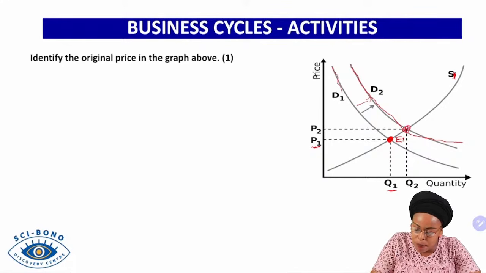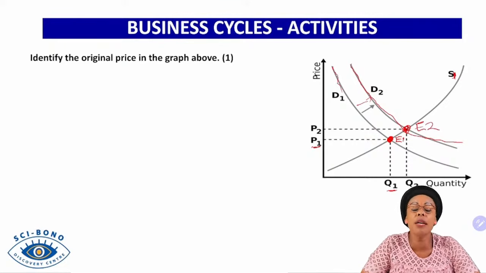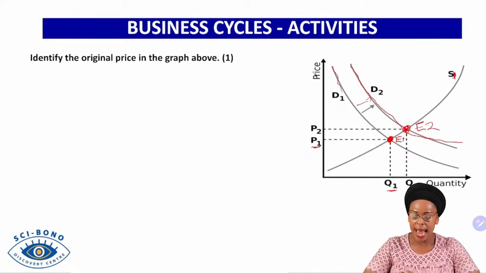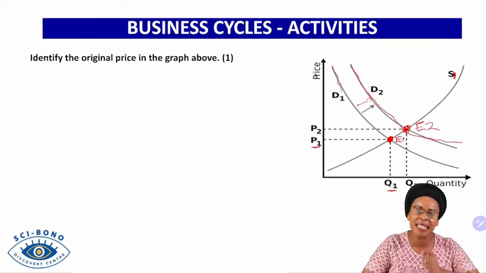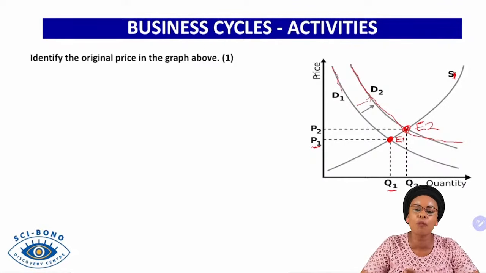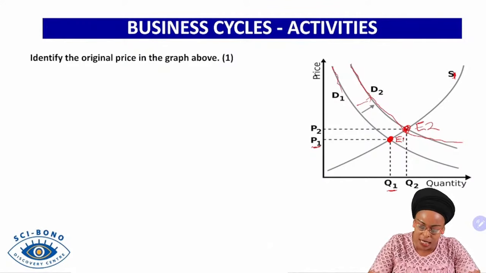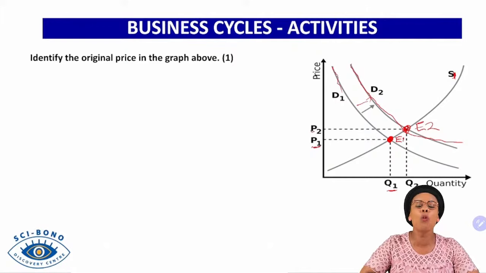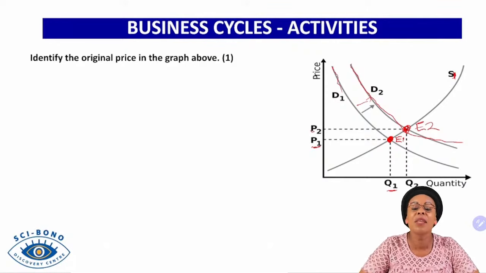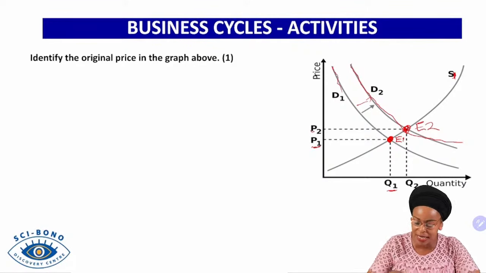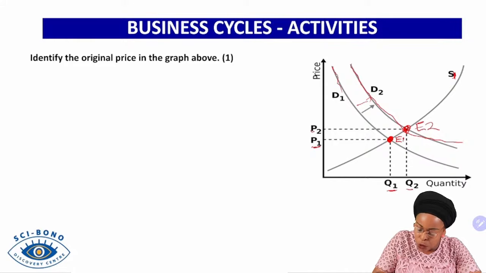And E2 will be our new equilibrium point. If supply does not change when demand changes, the price will be forced to go up, and we will have a new price, which is P2. And then we will have a new quantity supplied and demanded, which is Q2.